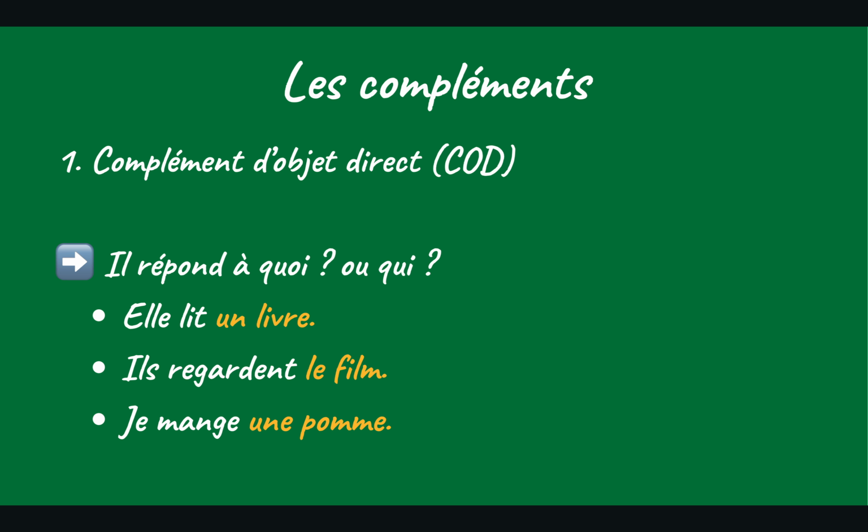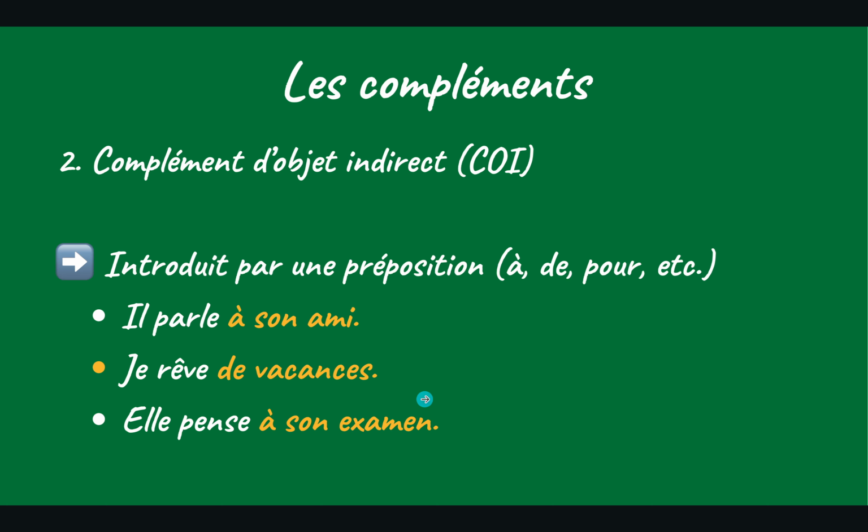Il regarde quoi? Le film is the answer. So, le film is the COD. And the last one, je mange une pomme. Je mange quoi? Une pomme is the answer to the question. So, une pomme is the COD. Okay? So always when you are not sure, just use this question, quoi, qui, and you know what the COD is in your sentence.